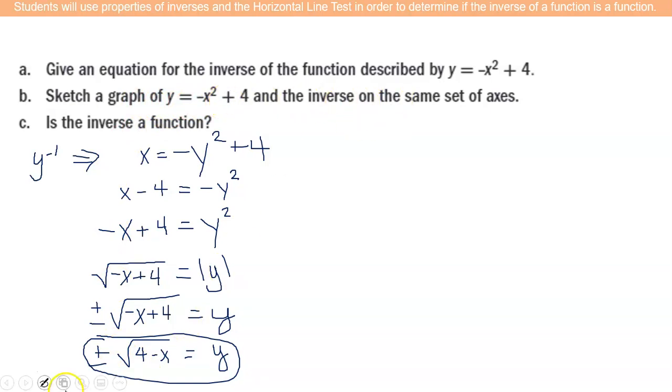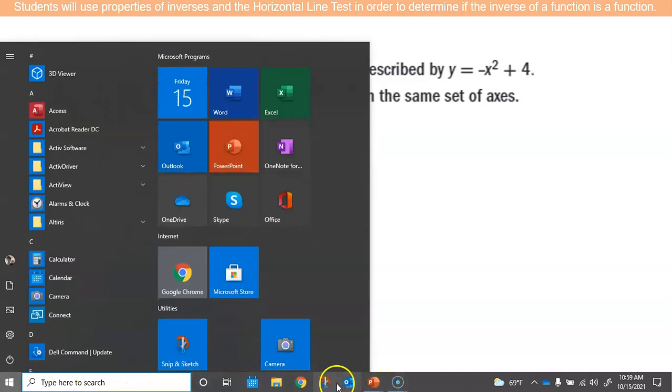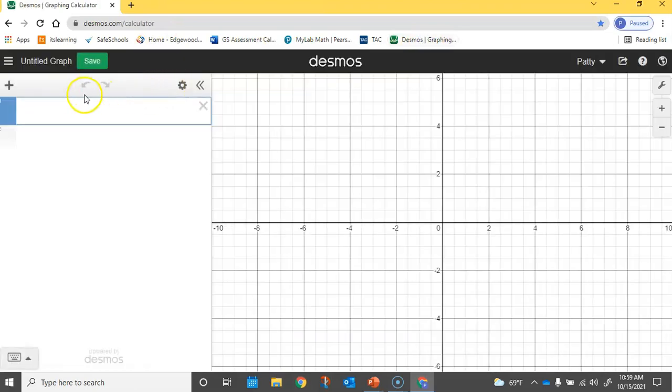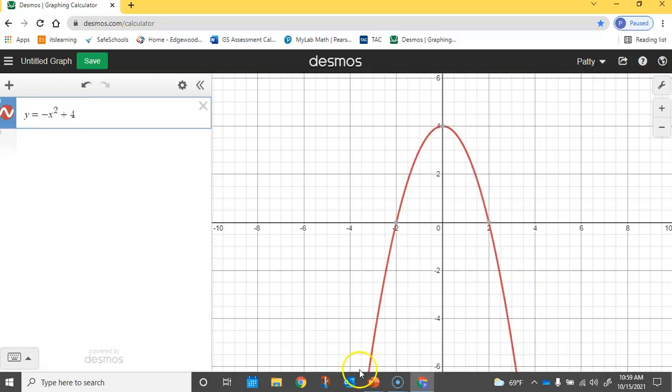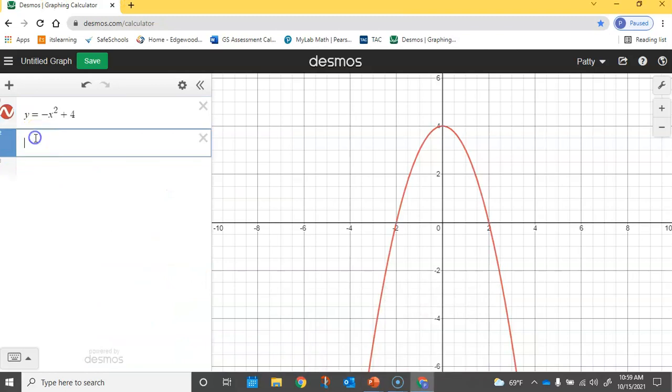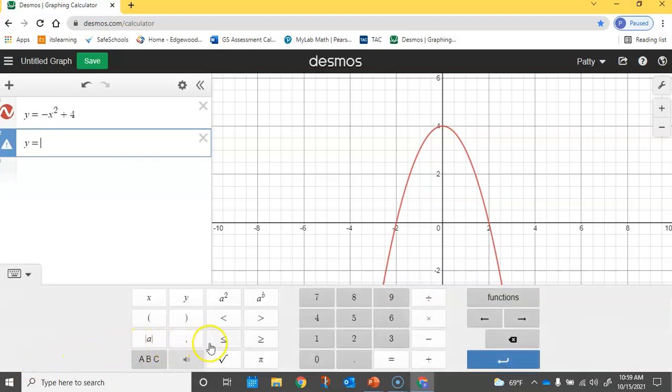So just like always, I'm going to go to Desmos. And I'm going to sketch y equals negative x squared plus 4. Make sure that was my equation. Yes. And then I'm also going to sketch y equals, and I'm going to see, do we have a plus or minus sign here?